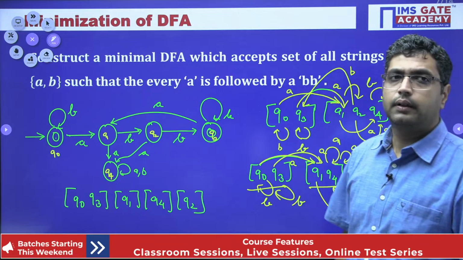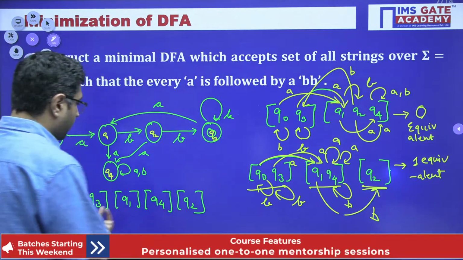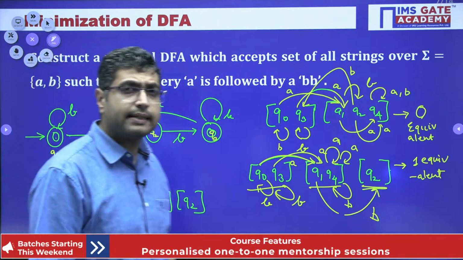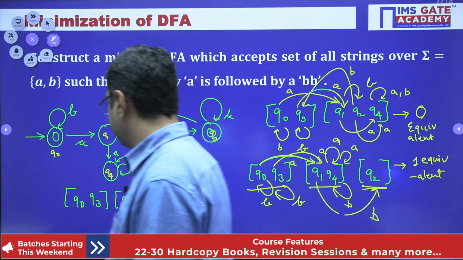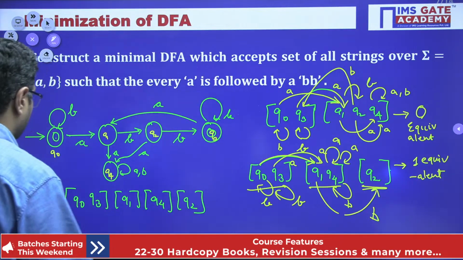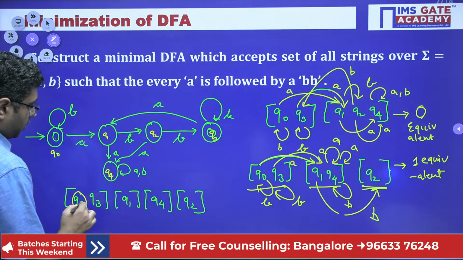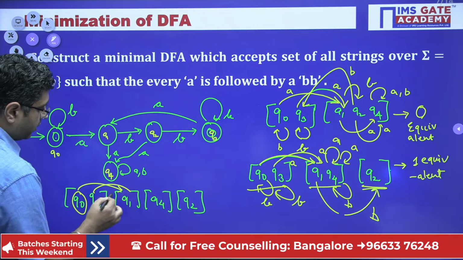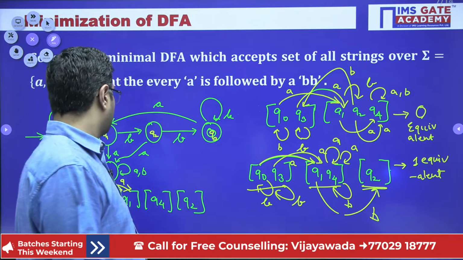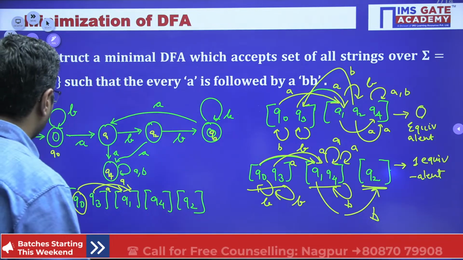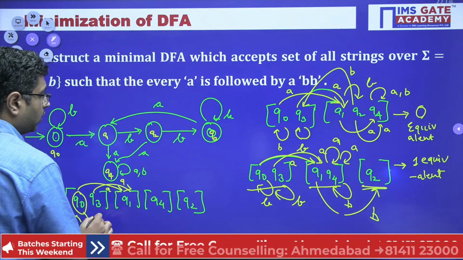Alright. Now let's try to find out whether we are able to split it again or not. Now nothing can be split from Q1, Q4, Q2 since they are singletons. Now let's see about Q0 and Q3, which are to be merged. Q0 on A is going to Q1, Q3 on A is also going to Q1. Both are going to Q1. Q0 on B remains on itself. Q3 on B also remains on itself.